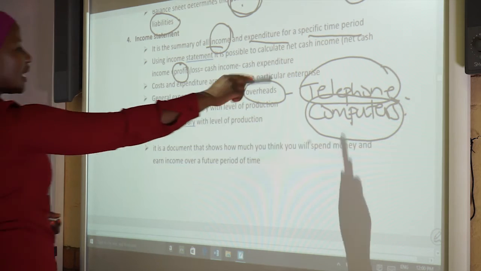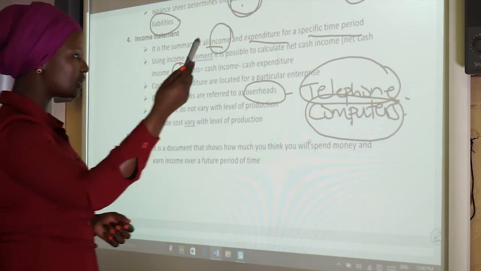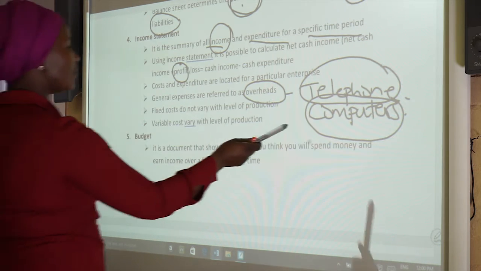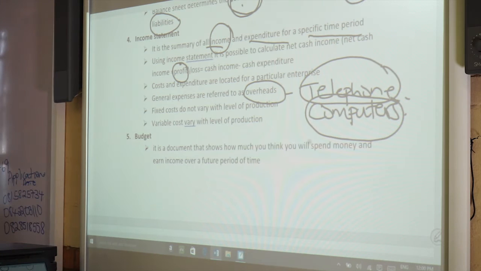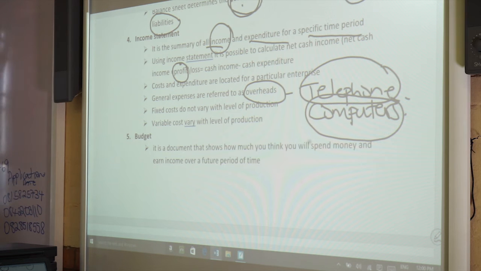These things are not directly involved in production, but they keep the business running. We can never have something that is called a telephone farm. But on a cattle farm, we use the telephone to market our product or to contact our clients. So these are the overheads of the business. And then electricity as well.